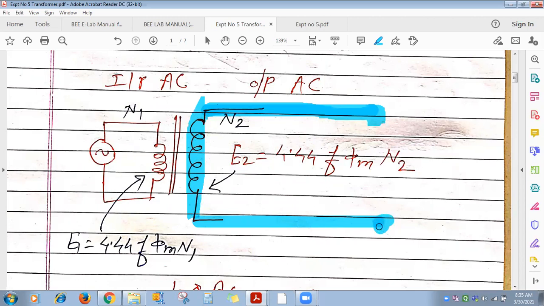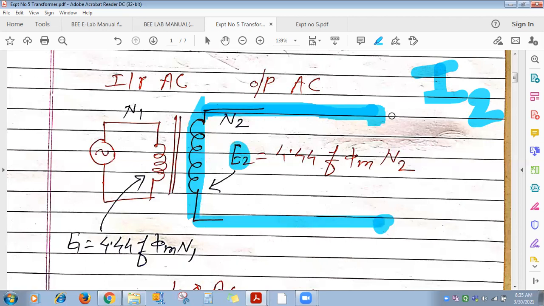Does current flow through an open circuit? No current will flow. That's why I2 at no load is 0. We are going to take the first reading at no load, so the secondary is open. So although EMF gets induced at no load, which is E2, no current will flow through the secondary.